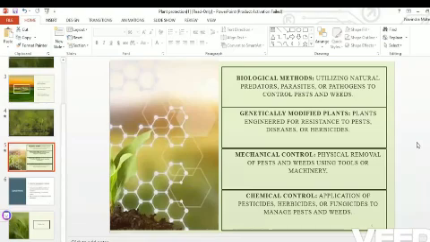Miss, I heard you mention that it could also kill the useful organisms if we don't use the chemical control correctly. Yes.